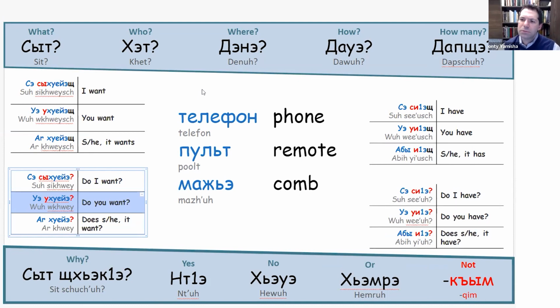So what do I have? Poltuhwe. Poltuhwesh. Sarah was in Shara Zia.